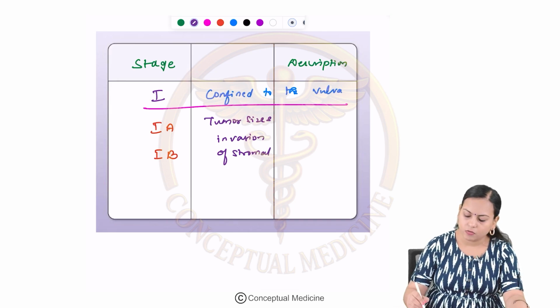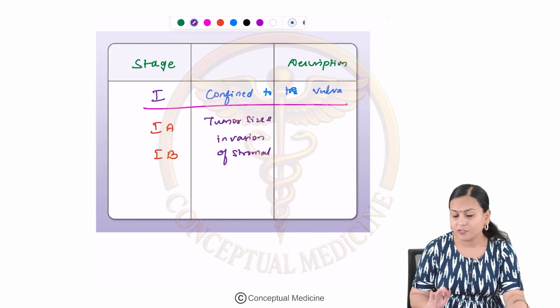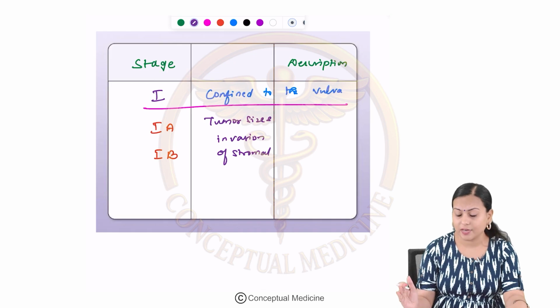I am telling you how it is divided and what is the component that is dividing them.